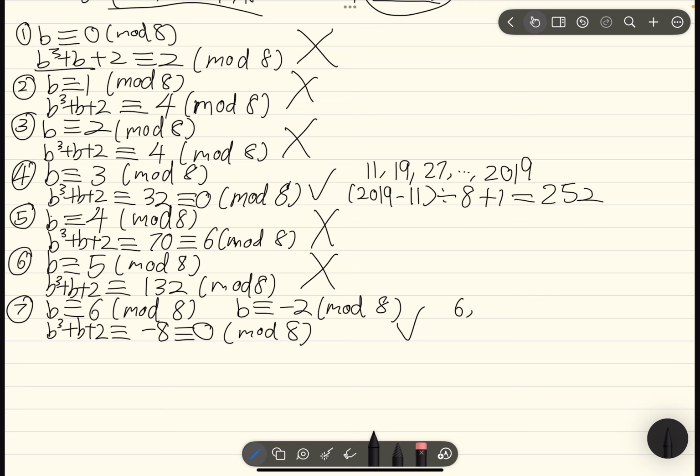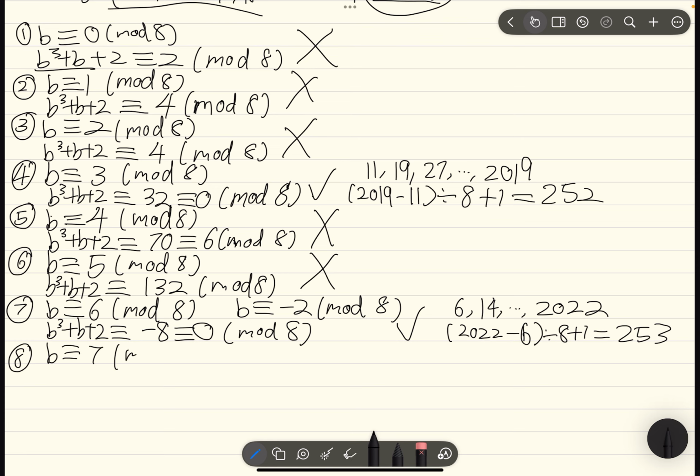We have 6, 14, all the way to 2022. That's (2022 minus 6) divided by 8 plus 1, which is 253 numbers.